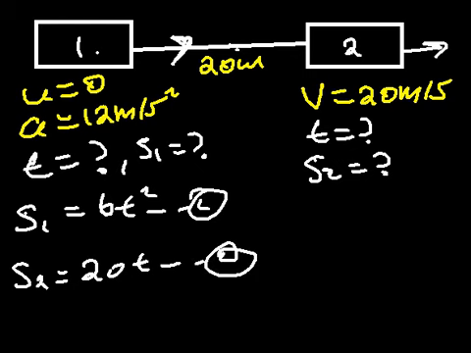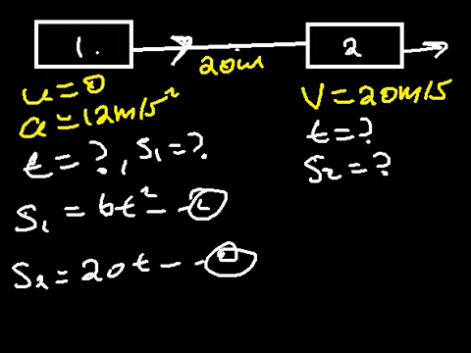Mind you, before this lesson, make sure that you watched the one about the head-on case of linear motion, or you just have to go through the applications of kinematics, because that's where I explained much about this. In this case, we need the distance in which object 1 has to travel.